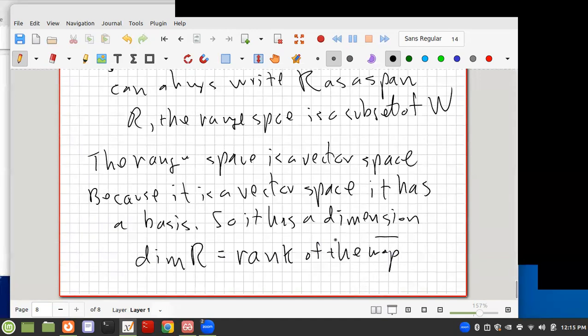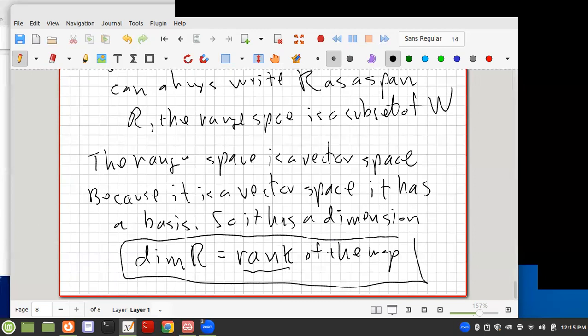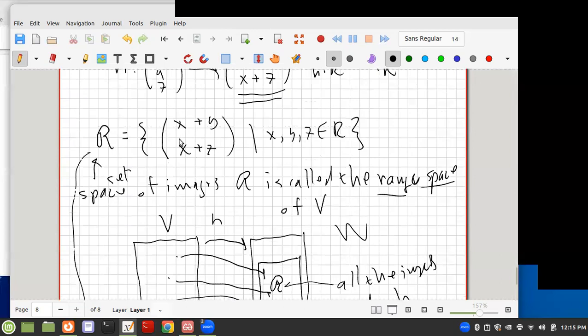So a lot of the problems in the assignment ask you, you're given a map and you're asked to find the range space, which means looking at this space and writing it as a span, and finding a basis for it, because that shows you what it is.